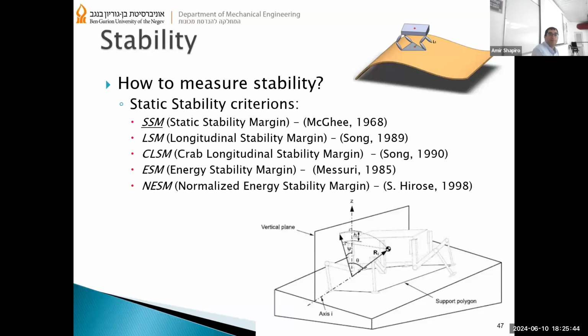Another option is the energy stability margin. It means if the center of mass is above the support polygon, how much energy I need in order to lift this center of mass and rotate it around one of the edges of the support polygon in order to tip it over.